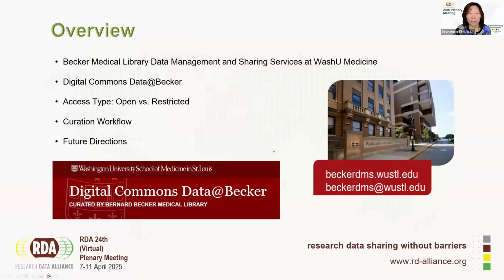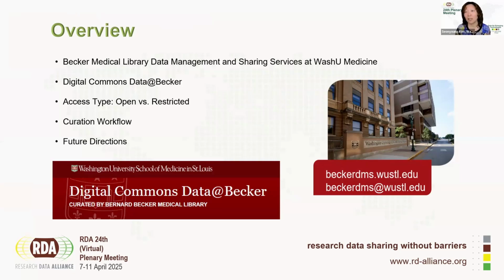Okay, so this is a brief overview of my talk. I'm going to give you some background about our group because it ties to what I do. Then we'll switch to Digital Commons Data at Becker, our institutional data repository, which is the topic of this talk. I will briefly go over access type because we are a medical school, so a lot of researchers work with human data, which cannot be shared openly.